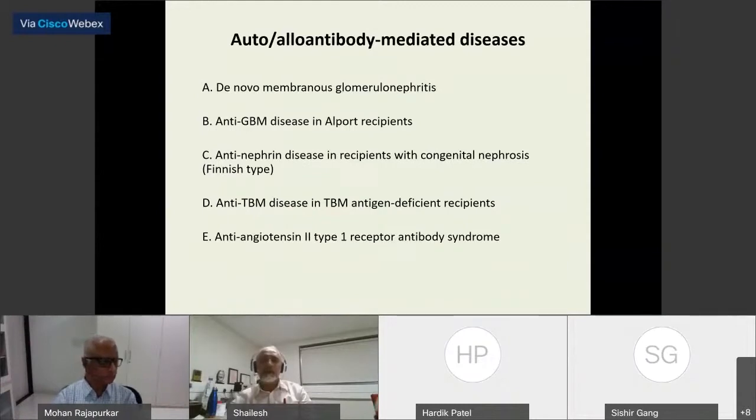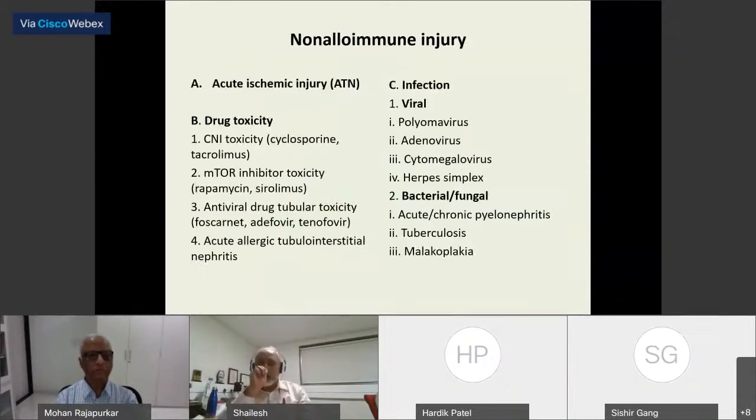Another category is auto or alloantibody mediated disease, where we can find de novo membranous glomerulonephritis due to development of antibody against basement membrane, or anti-GBM disease, especially in Alport patients, anti-nephrin disease in patients with Finnish type congenital nephrosis, or anti-tubular basement membrane disease, or anti-angiotensin type 1 receptor syndrome.